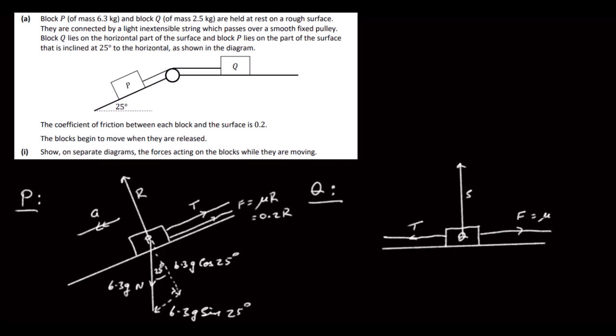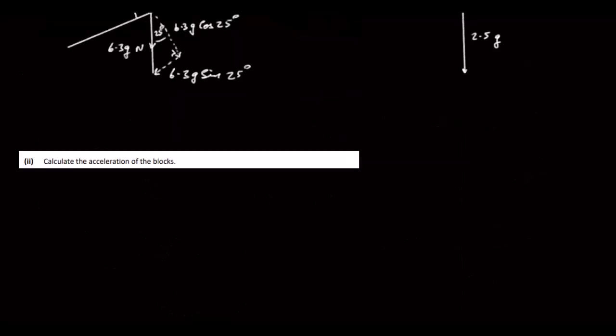We'll call it S, so it's mu times S. So mu again is 0.2, and we've got S there as well. It has a weight then, the force downwards. Its mass is 2.5 and g acting downwards. So that's everything, I think, for both blocks. Let's have a look at the next question then.